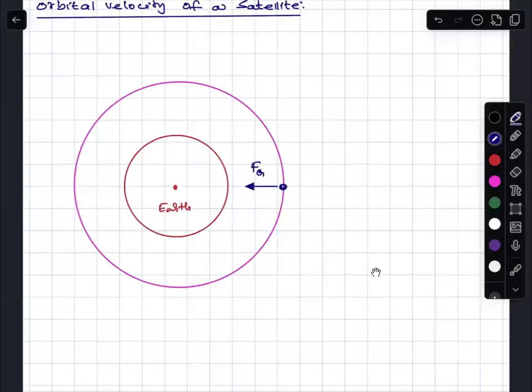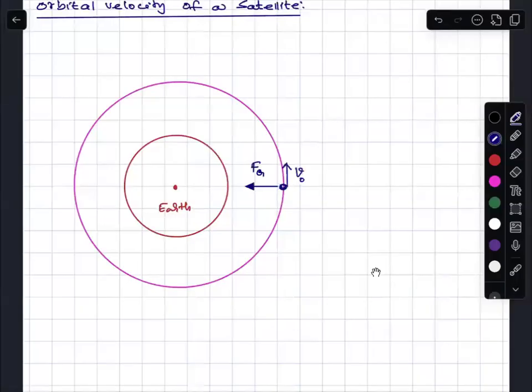And this object is moving along the circle at that instant with a velocity v0, which is called orbital velocity.